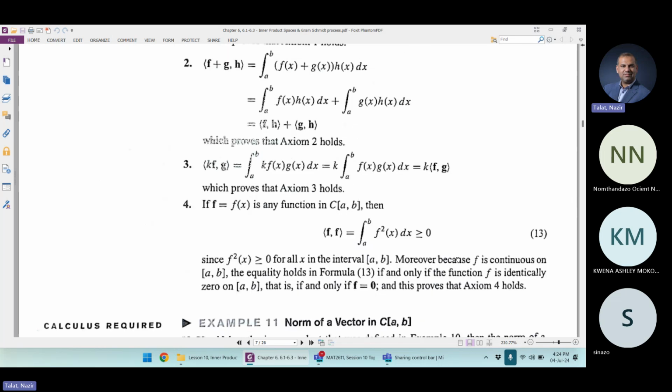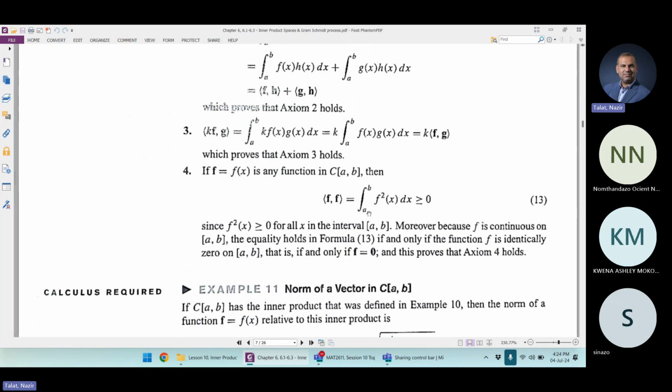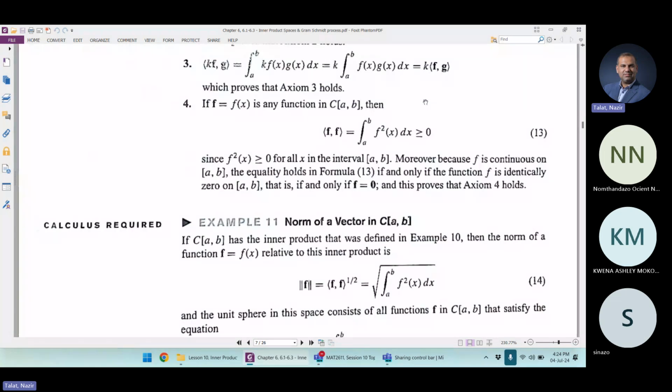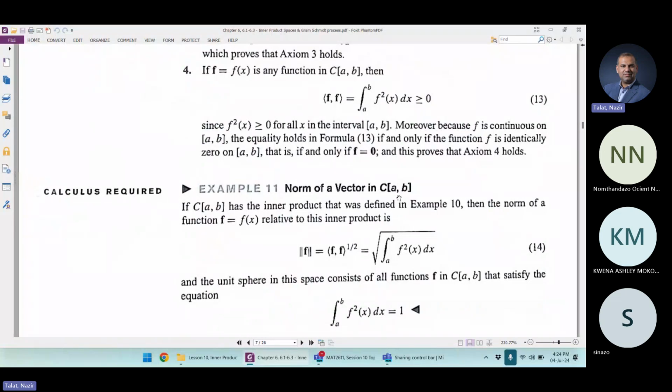And moreover, if f is equal to 0, then the integral from a to b of the zero function is equal to 0. So it fulfills all the properties. Then the norm of a vector in the space of all continuous functions from a to b is always equal to the square root of the inner product of f with f.